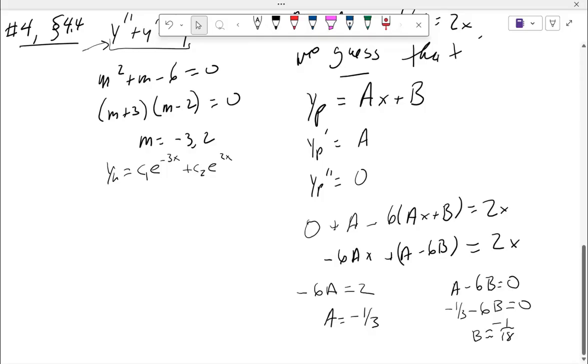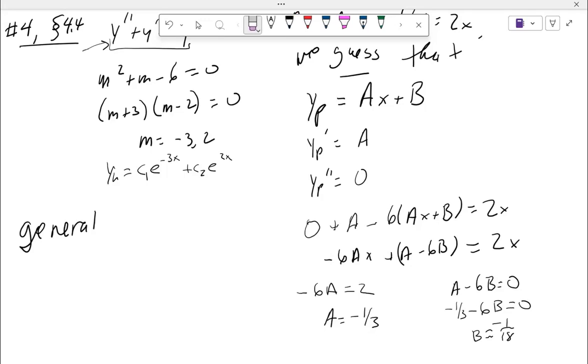All right, so now, putting everything together, let's write down our general solution. Remember, the way we write the general solution is we take the homogeneous solution and add the particular solution.